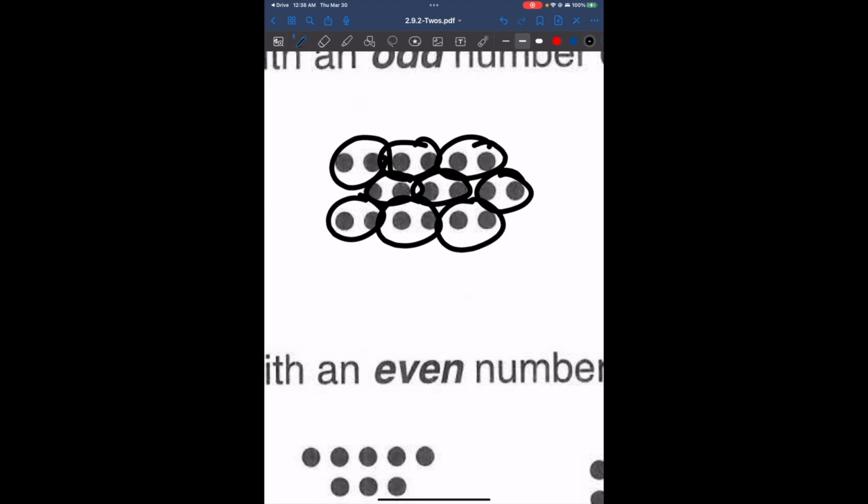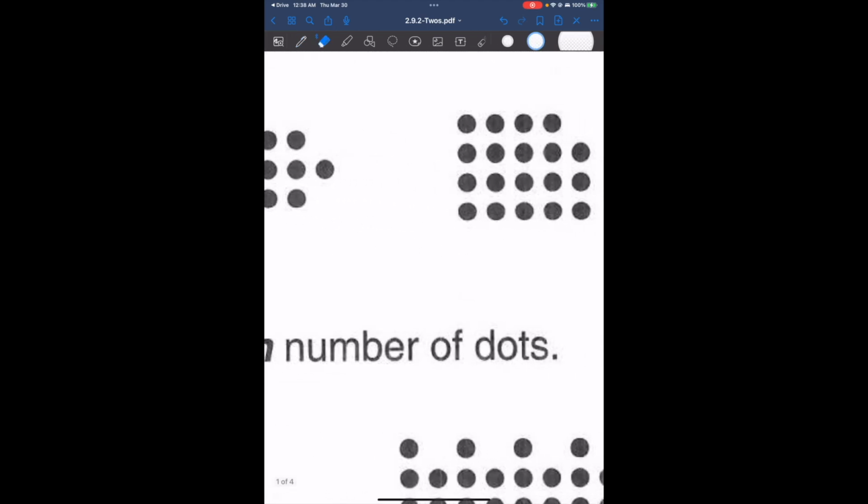Now for this, since it's not in a perfect square that's easy for us to group into 2 groups, we're going to try grouping into multiple groups of 2 and see if that gives us any remainders. And it doesn't, so that's an even number of dots.